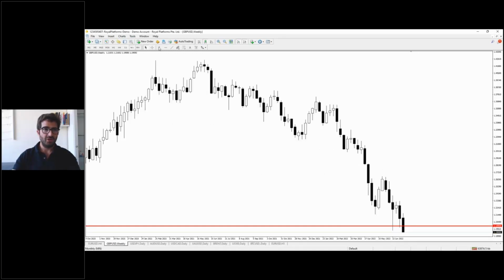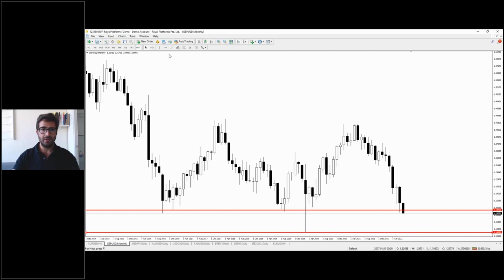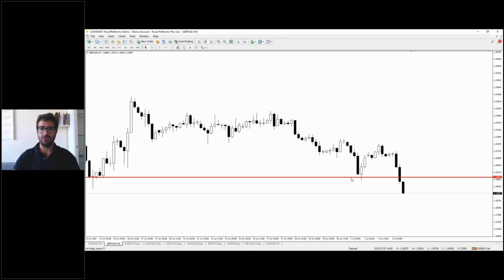Let me go back to show you why I picked this 1.14, because we have this low around this level here, which is the March 2020 swing low. So if the market continues this downward movement, it will test the 1.14 level.